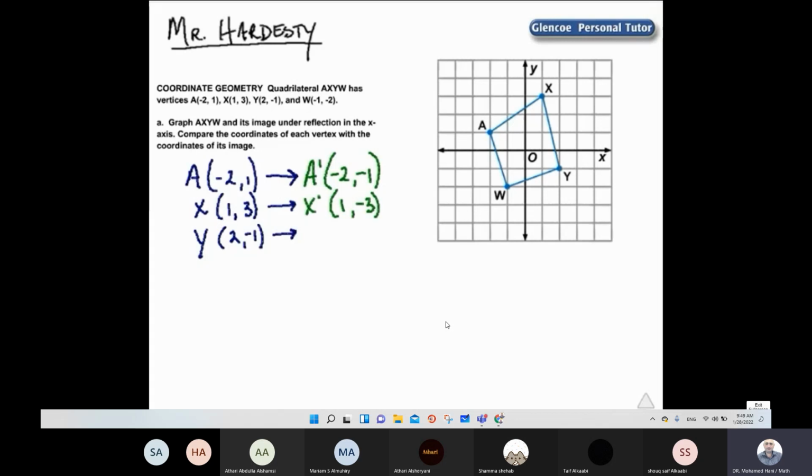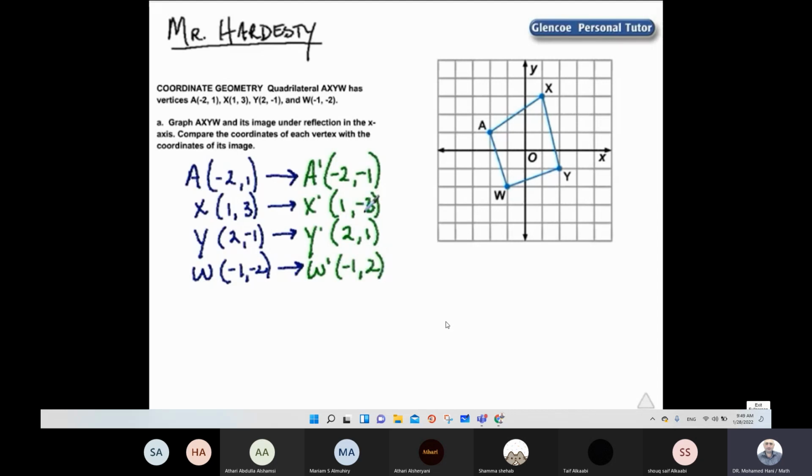Its reflected point we'll call Y prime, and it will be at (2, +1). And finally, point W is at (-1, -2), and W prime is at (-1, +2).